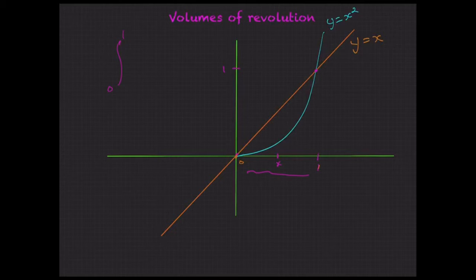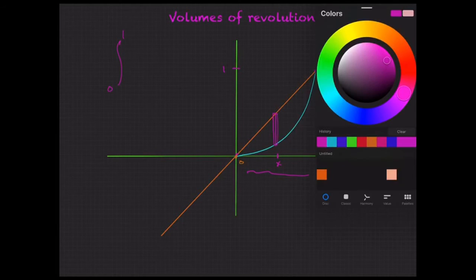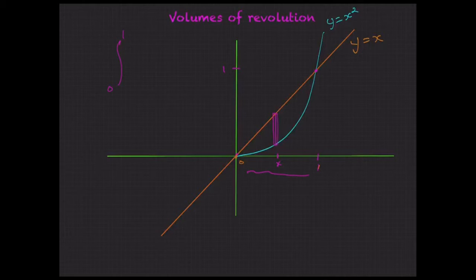This is always the process that we use. We stop at a particular point and say, okay, what is the cross-sectional slice that we get? So we stop here at this point. This is the slice, and when we spin this around the y-axis, as we are going to do, because we're looking for the volume of the solid that we get when we spin this whole banana thing around the y-axis, well, if I spin this around, I'm going to get this thing here, and then this thing there.